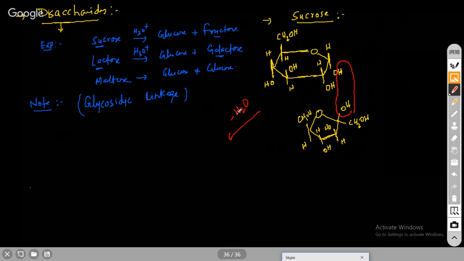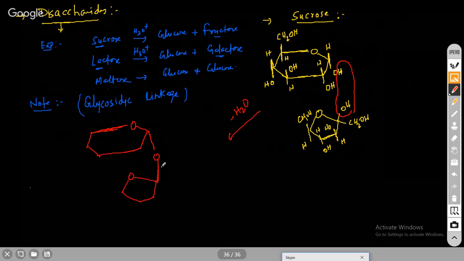Now the structure that you get here will have this oxygen, and these two are connected by the oxygen like this.